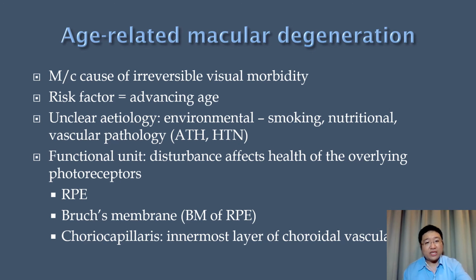So this condition has to do with the disturbance of the functional unit of the retinal pigment epithelium, Bruch's membrane, which is the basement membrane of the retinal pigment epithelium, and the choriocapillaris, which is the innermost layer of the choroidal vasculature.